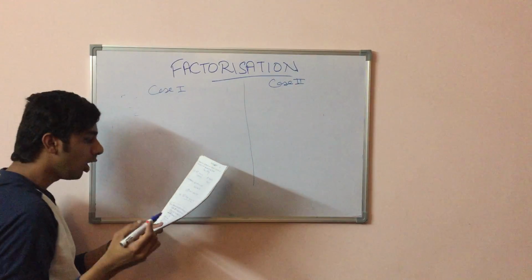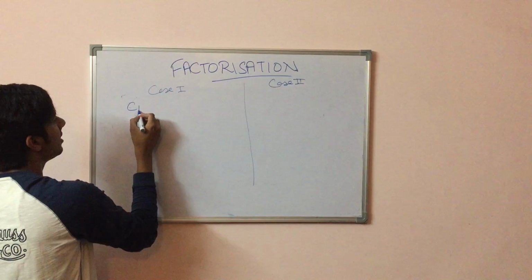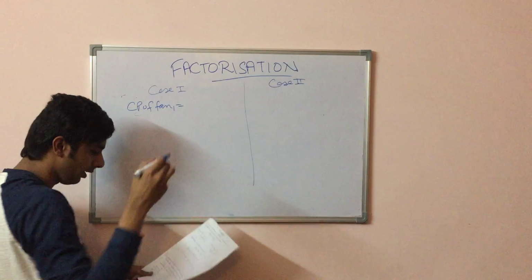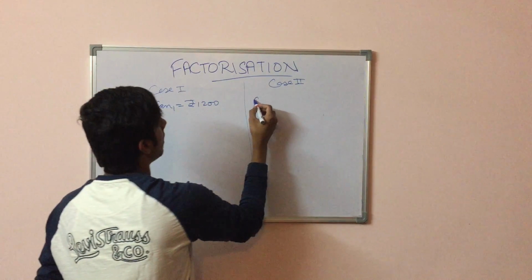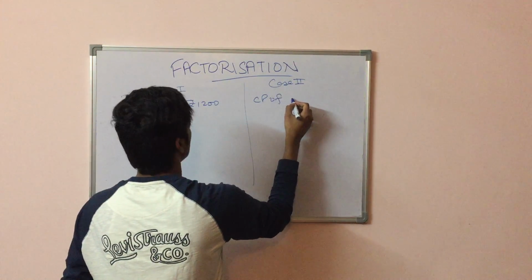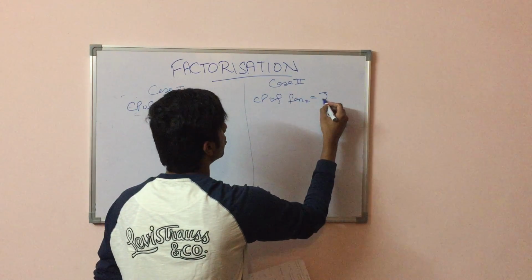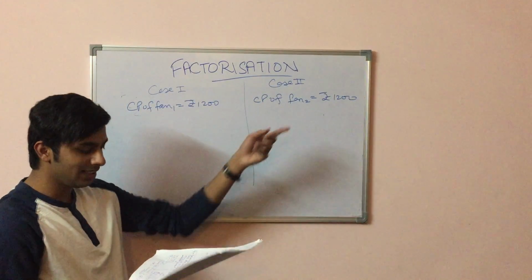The CP of fan 1 is rupees 1200, and the CP of fan 2 is rupees 1200. So cost price is 1200 in these cases.